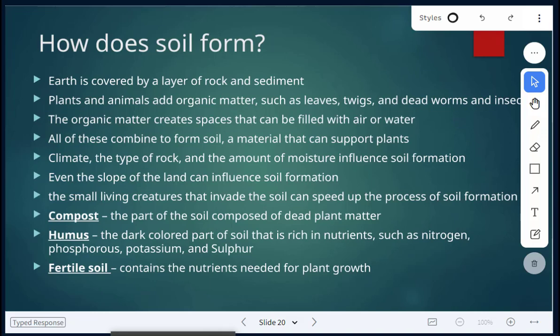So when we talk about compost, that's the part of the soil that's composed of dead plant matter, humus. That's that dark colored part of soil. It's rich in nutrients like nitrogen, phosphorus, potassium, and sulfur. And if soil contains those nutrients needed for plant growth, it's called fertile soil.